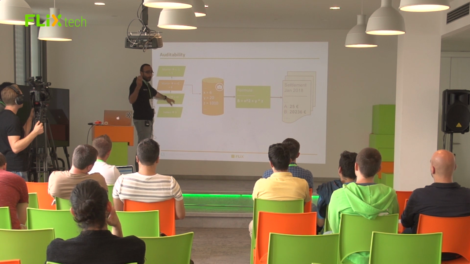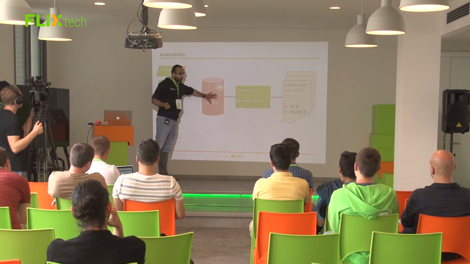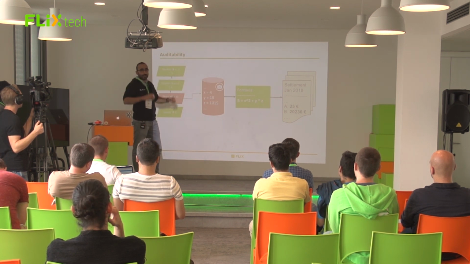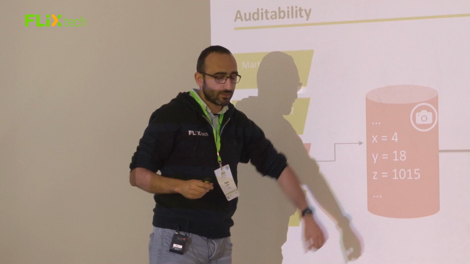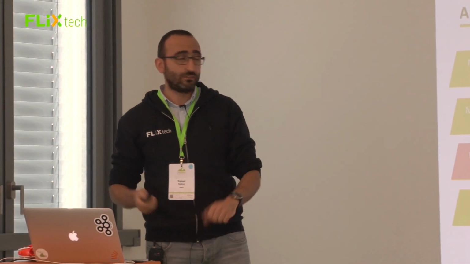Then the auditor can ask, okay, guys, show me when it was 4. Show me the context of your values. So we need to show the auditor what the values of everything were, and he can have the ability to scan everything. So apparently, classical logging cannot achieve this.